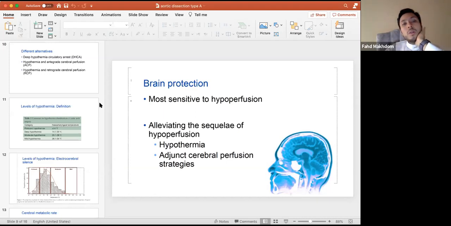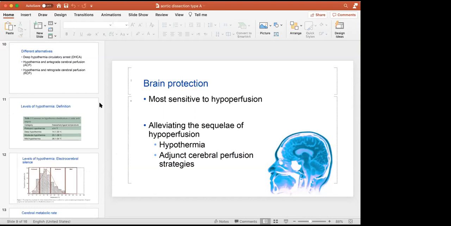Okay, so you did your circulatory arrest now with the adjunct antegrade cerebral perfusion. You open the aorta, you're inspecting your aortic arch. What do you look for? You look for the false and true lumen, the tear.